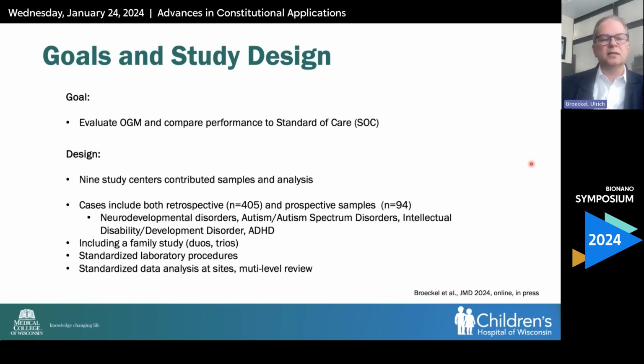We included a small set of families. All the laboratory procedures were performed in the different diagnostic labs, and we had a very standardized data analysis with a multi-investigator, multi-level review of the results.